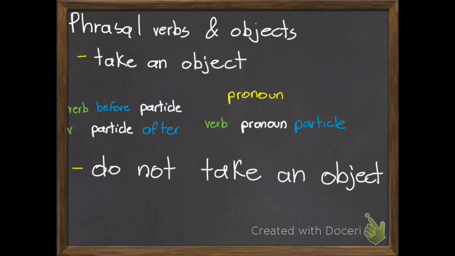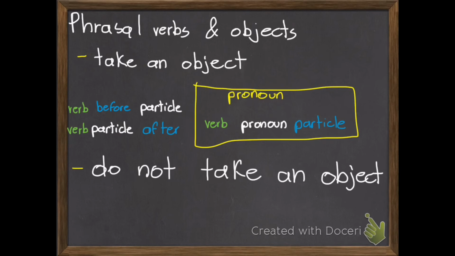Or we can say the verb, then the particle, and then the object. Both are correct, but in the case of a pronoun, as I already mentioned, it has to go between the verb and the particle. It cannot go another way around.